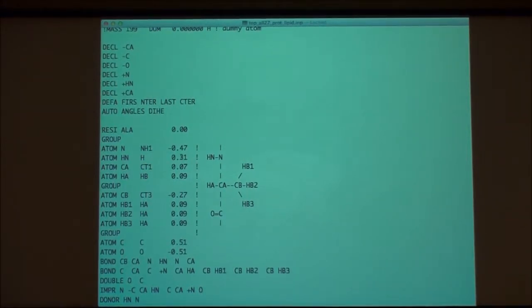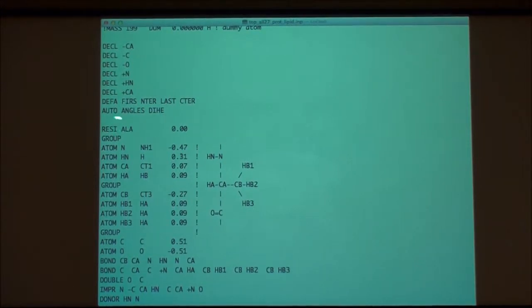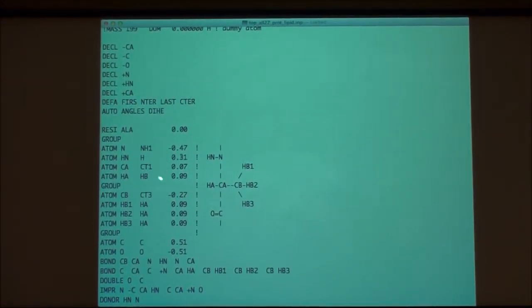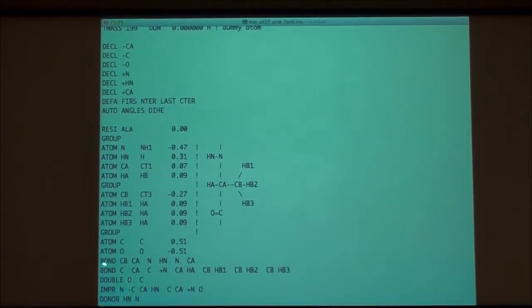If you want to change something in the file, for example if you want to neutralize all alanines in order to do a test simulation, the topology file would be the place to do this. So you have atom types and charges here, and for this particular residue you have all the bonds. Essentially, the connectivity within this residue is defined here.